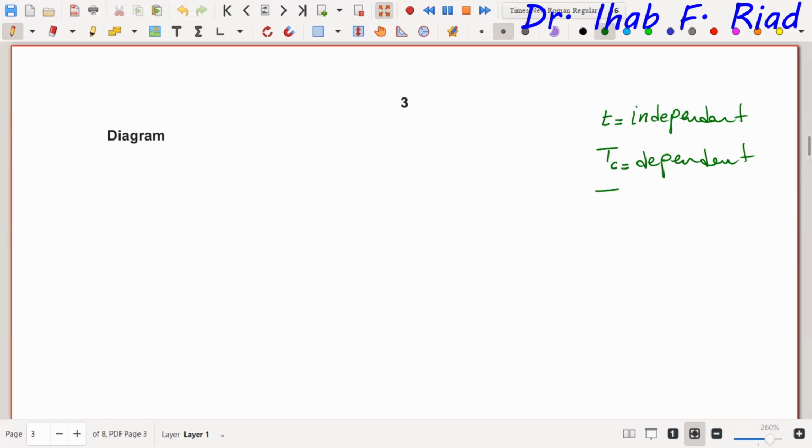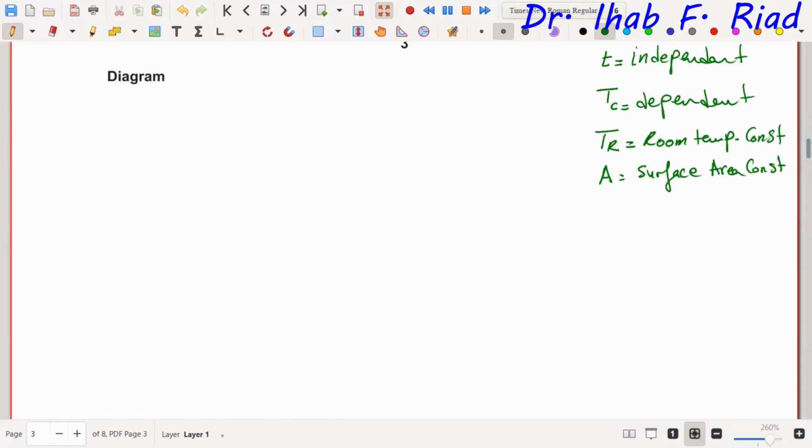Then we have TR, room temperature, constant, right? A, surface area, constant. We have to measure, right? C, specific heat, also constant. All these we need to measure, right?